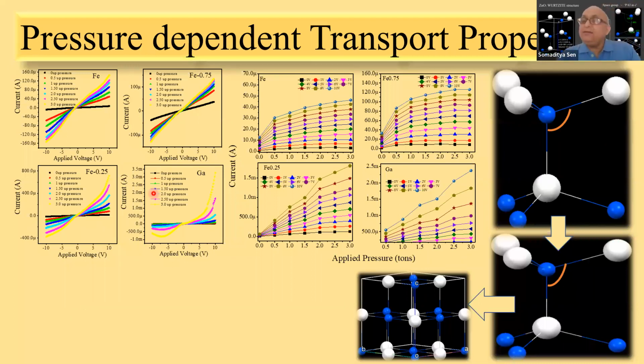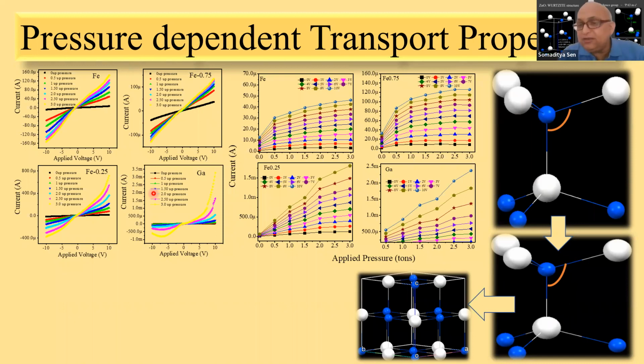Now, as I said in the preliminary or part one, by pressurizing the Wurtzite structure, we can get a rock salt structure. Now, even if we do not go to that extent, what are the other changes that we can expect from this type of structure if pressure is applied to these materials?